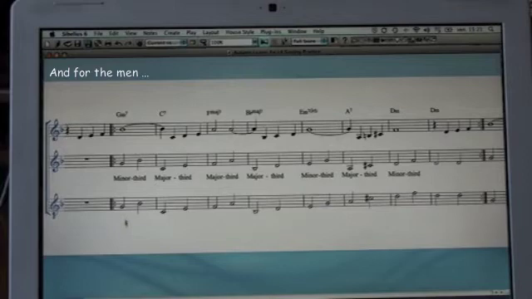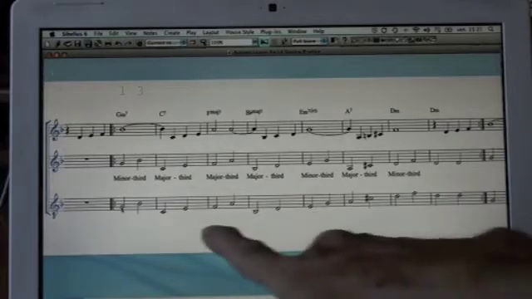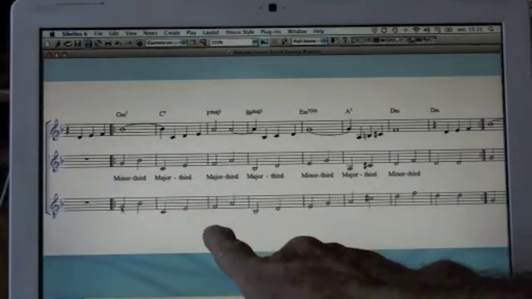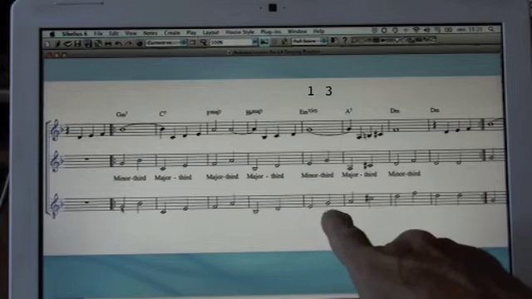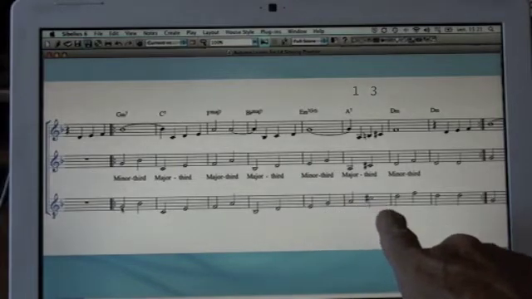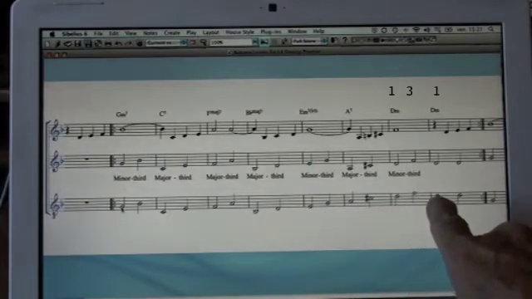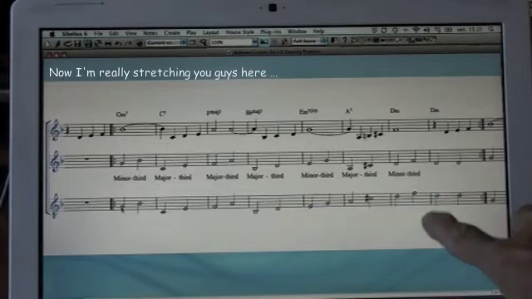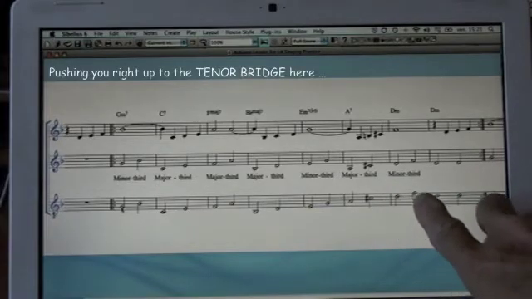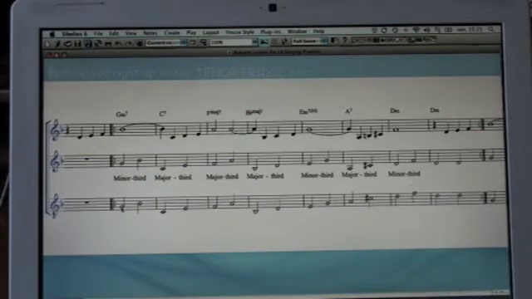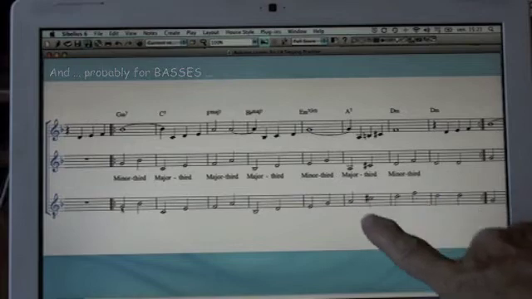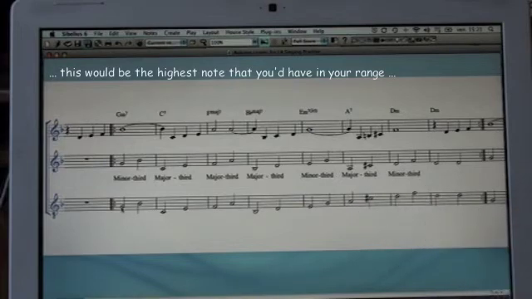And for the men, now I'm really stretching you guys here, pushing you right up to the tenor bridge here, and probably for basses this would be the highest note that you'd have in your range.